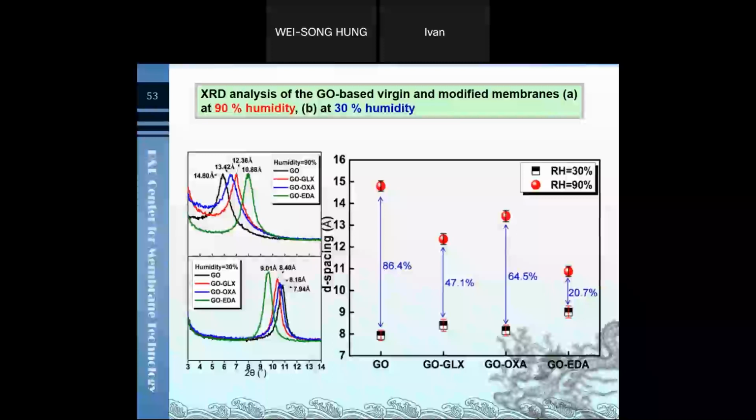For dehumidification membranes, we want only water to pass through, but the gas cannot. So cross-linking the membrane is the way to solve this problem. By cross-linking the graphene oxide to form a framework structure, the swelling effect is inhibited.